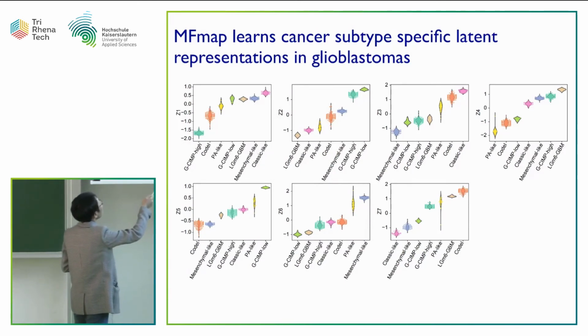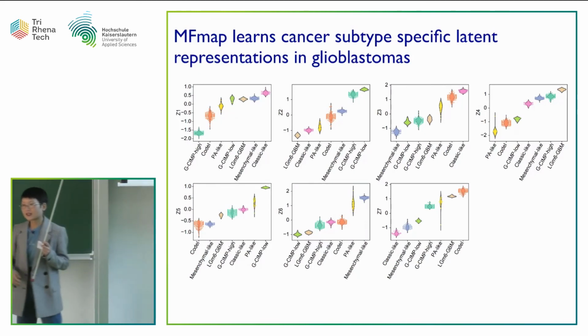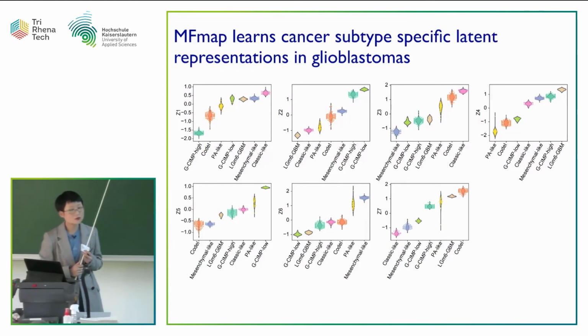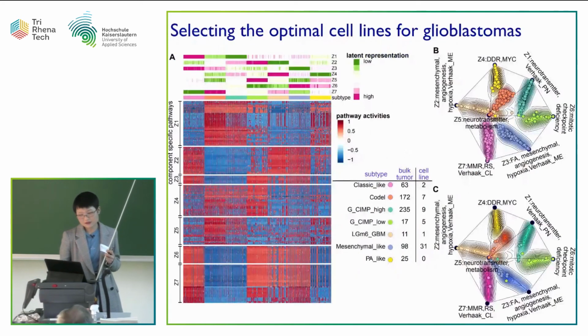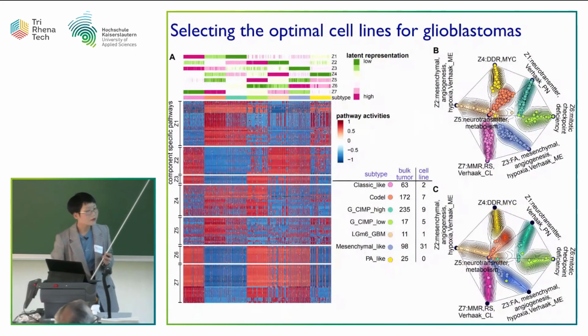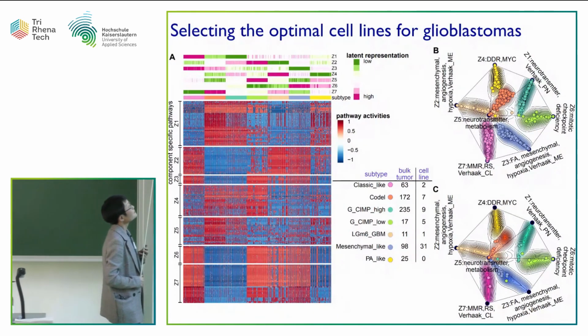Similarly, another example is LGM6GBM, which has a higher C1 score but relatively low C2 score. This indicates that we really learned something that is highly related to cancer subtypes in glioblastoma.